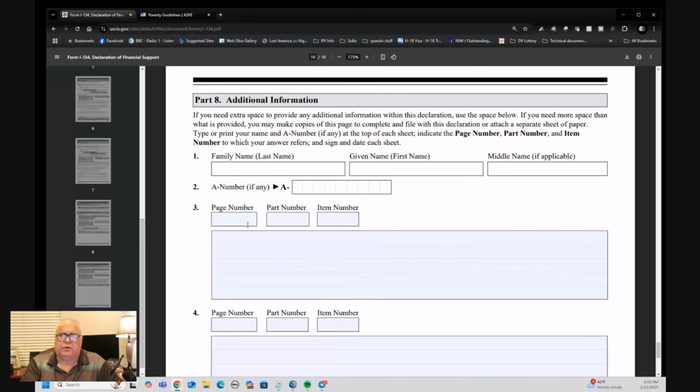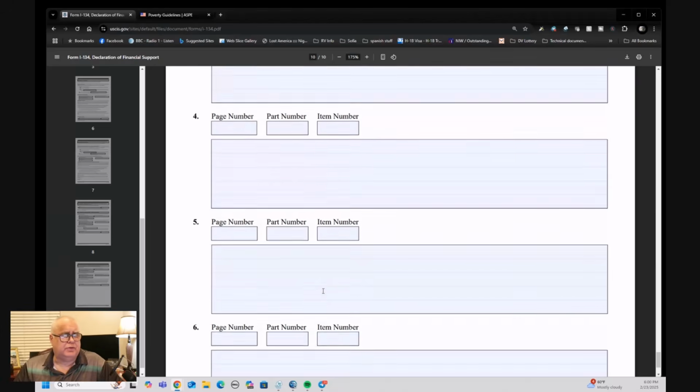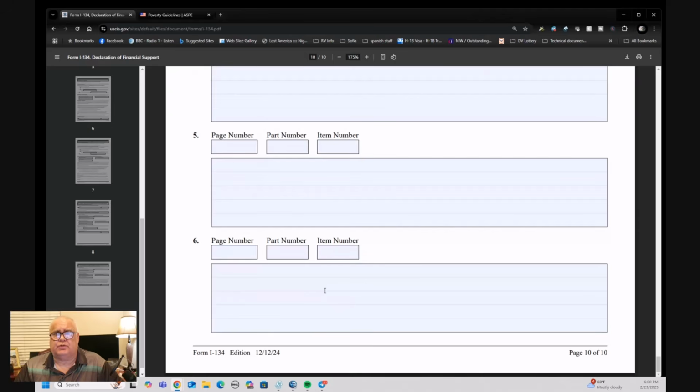You would put those people there that are financially dependent on you, only if you ran out of space in the other questions. Okay, so there's a little bit of extra space to fill out extra information if anything else needs to be noted. But if you're taking my advice and not listing a bunch of assets and it's only really about your income, and as long as you don't have many many people dependent on you financially, then you're not going to need this last section of the form.